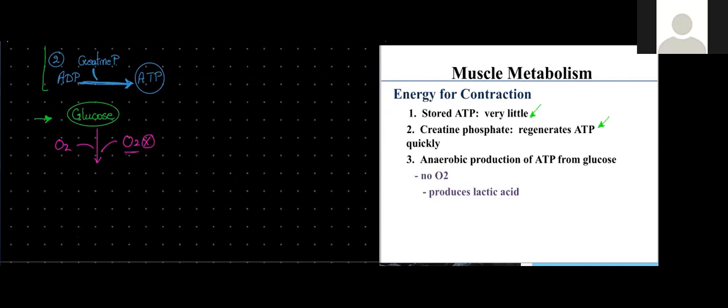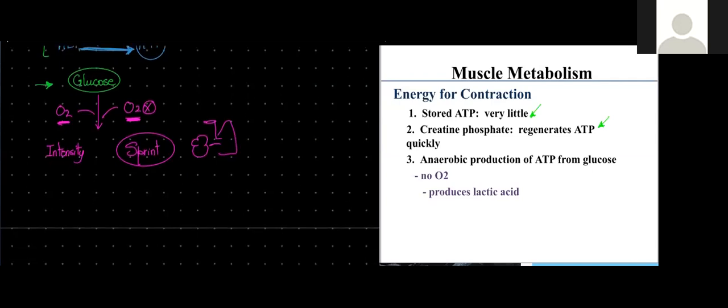So who will decide whether you're going to break down the glucose without oxygen or with oxygen? It's according to the intensity of the workout. So if I'm running a sprint, my heart and lungs won't be capable of supplying enough oxygen for my muscles.